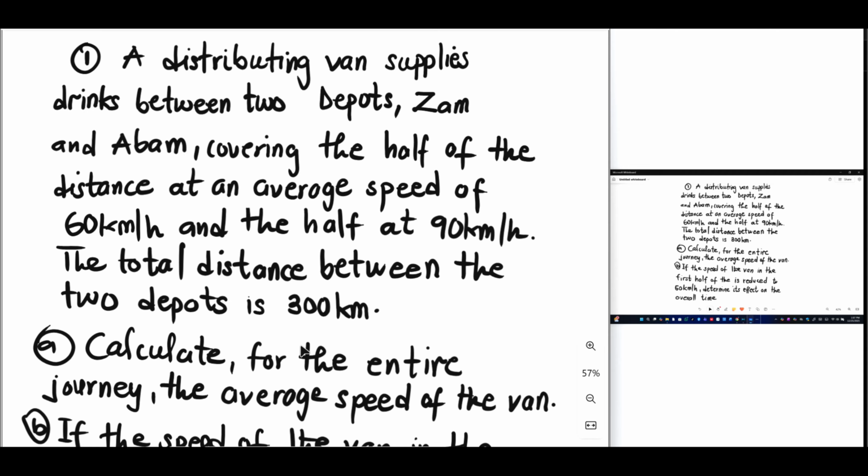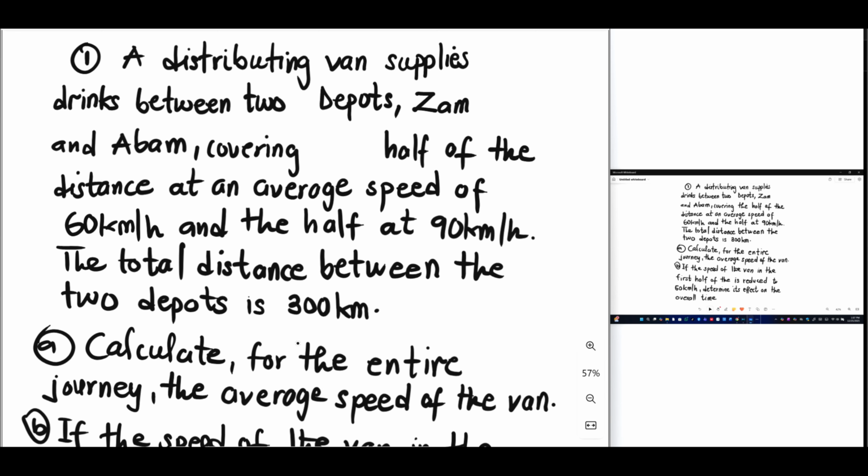A distributing van supplies drinks between two depots, Zam and Aban, covering half of the distance at an average speed of 60 kilometers per hour and the other half at 90 kilometers per hour.